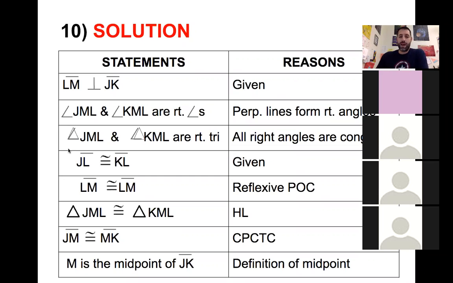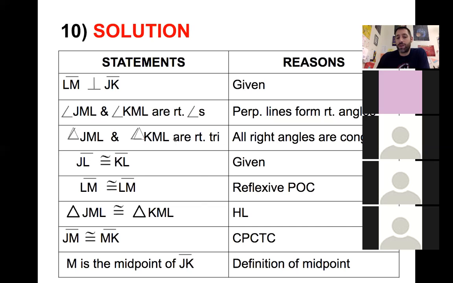So I say triangle JML and triangle KML are right triangles. Sorry, I meant to change that wording a little bit. We can say that they're right triangles because both triangles include a right angle.